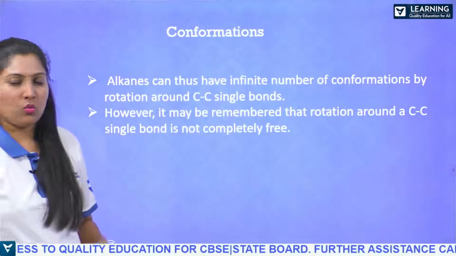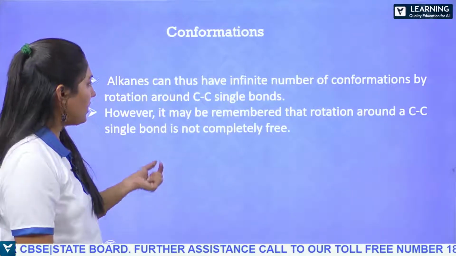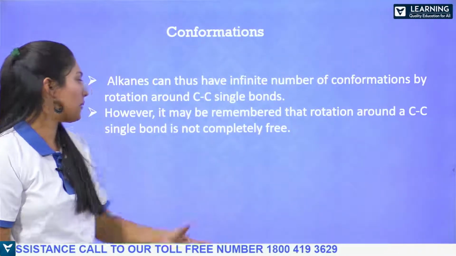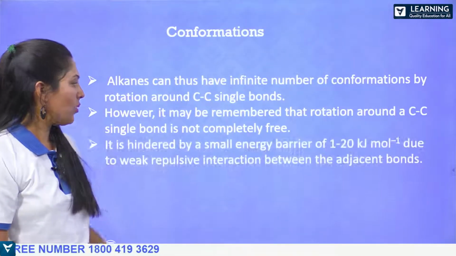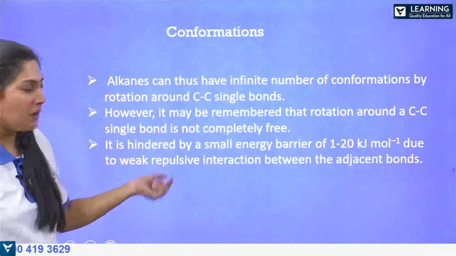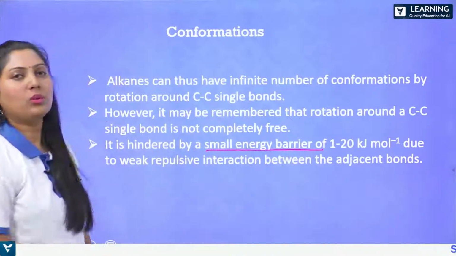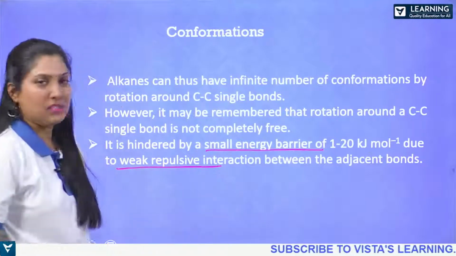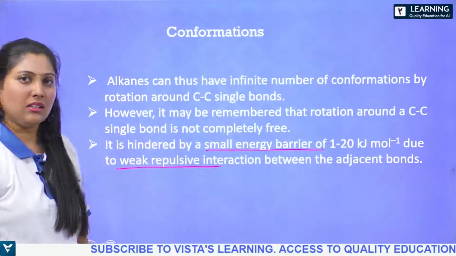But we cannot consider all these numbers, because remember that the rotation around the carbon-carbon single bond is not completely free. It is hindered by a small energy barrier of around 1 to 20 kilojoules per mole due to the weak repulsive interaction between the adjacent bonds.